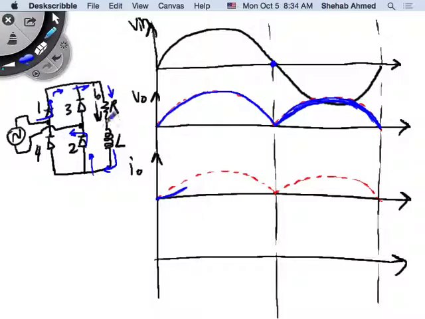Acting like the freewheeling diode that picked up in the single phase rectifier for the RL case. As soon as we added the freewheeling diode, it removed this part. The voltage stopped at zero. And the current was still flowing in the circuit because it was flowing through the RL and the freewheeling diode. We had the freewheeling diode across an RL.